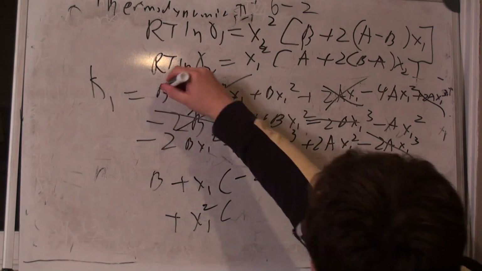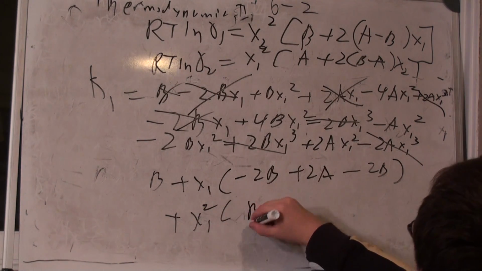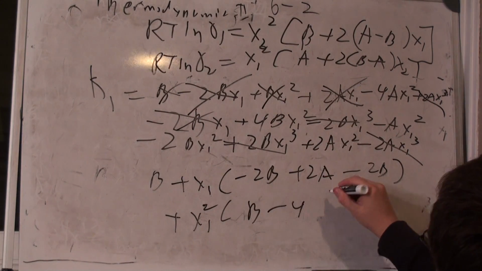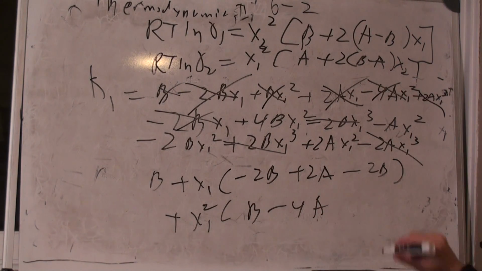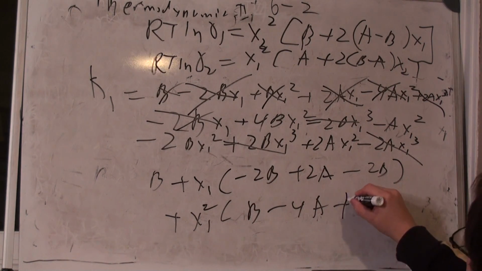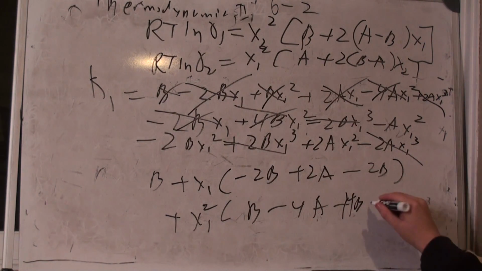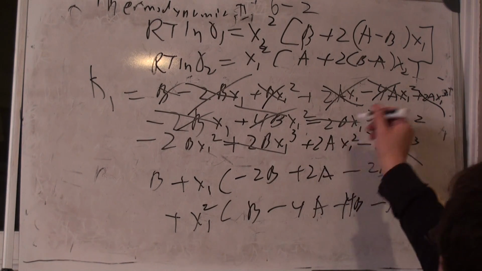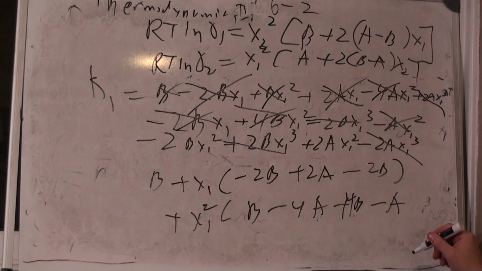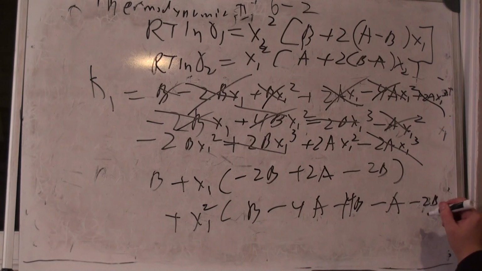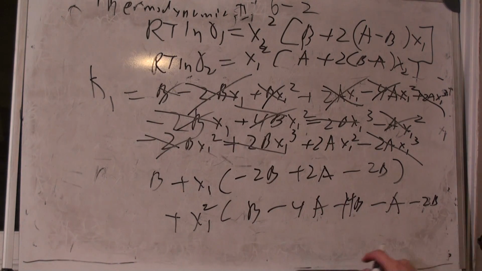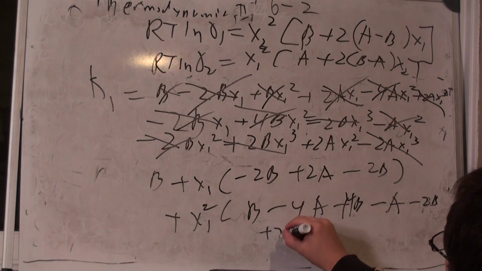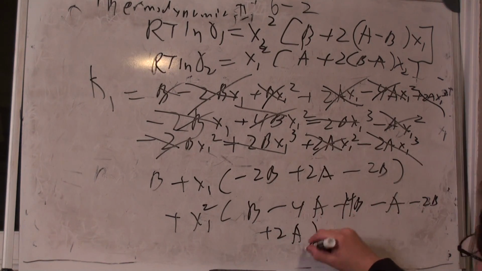So I've got a b minus 4a plus 4b minus a minus 2b plus 2a. All right.